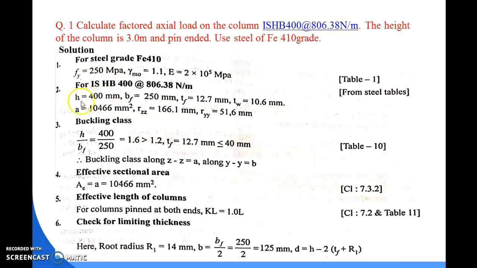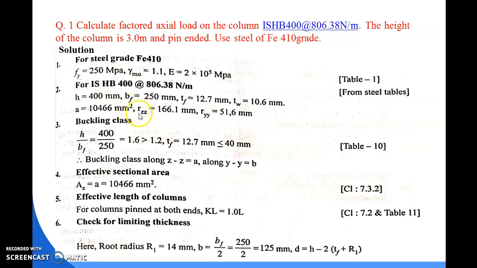In the steel table, we found the H value equal to 400 mm, then BF, which is the width of the flange, equal to 250 mm, then TF, which is the thickness of the flange, equal to 12.7 mm. After that, TW, which is the thickness of the web, is equal to 10.6 mm, and the cross-sectional area of ISHB 400 is equal to 10466 mm square.